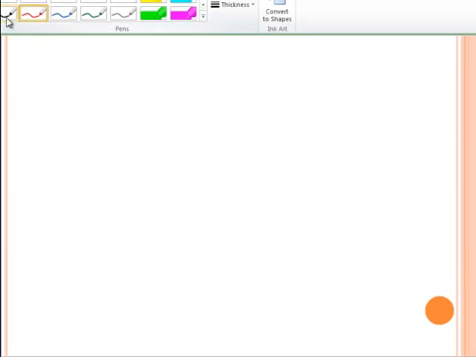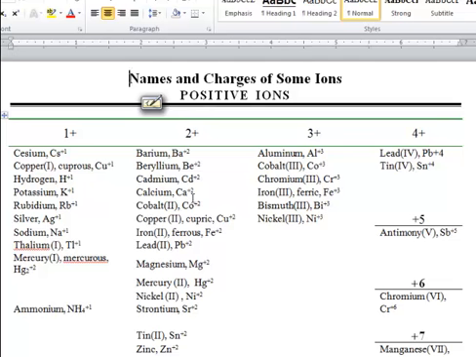In order to complete the ions, let's take a look at this list of names and charges of some ions.